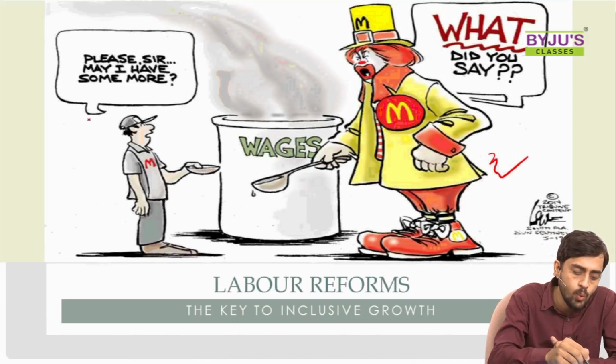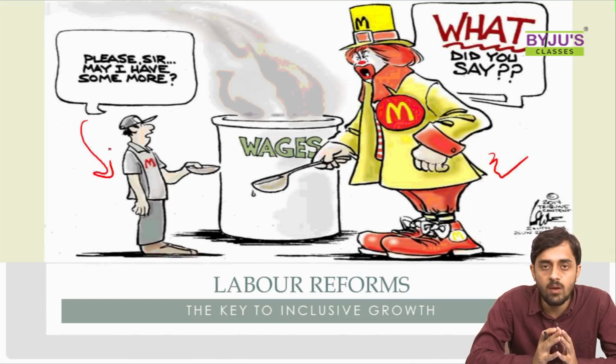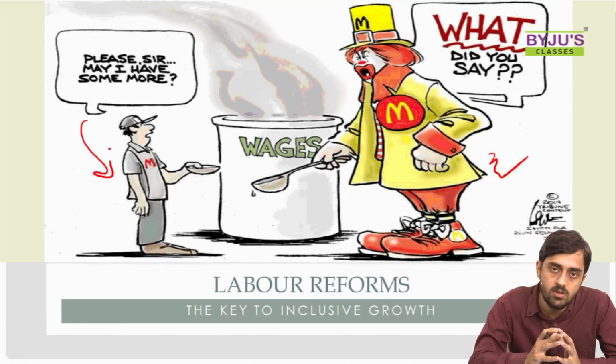One of the fundamental dilemmas of the issue of labor reforms is to somehow bring about a reconciliation between an increase in labor wages and providing social security protection to workers on the one hand, and on the other hand, enforcing these social sector and minimum wage regulations in a manner that the cost of production does not increase significantly.